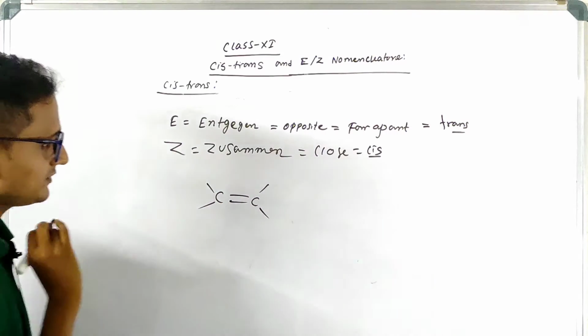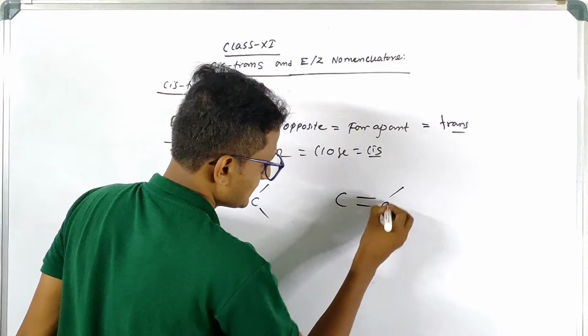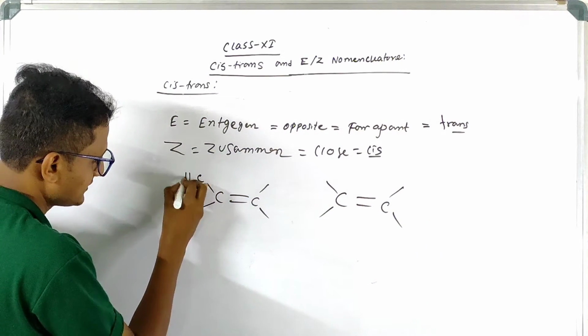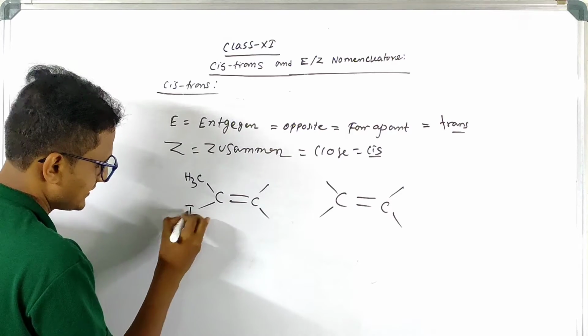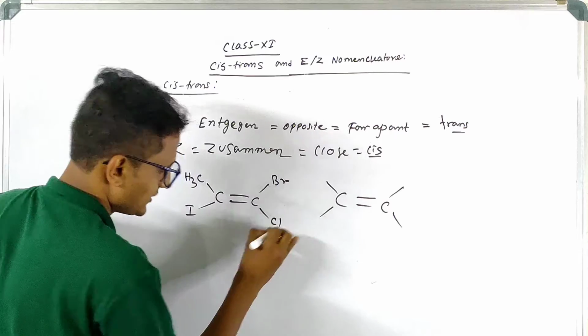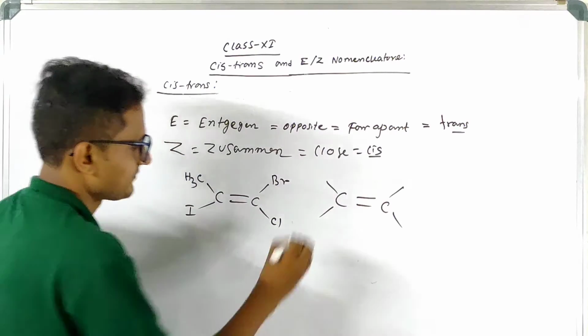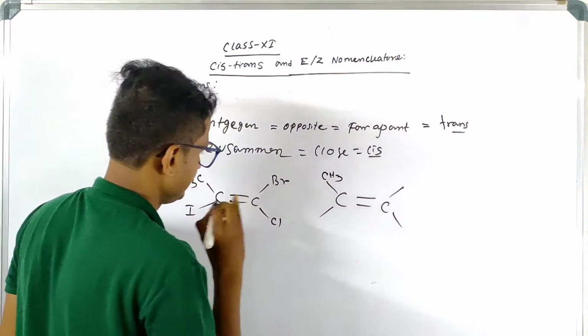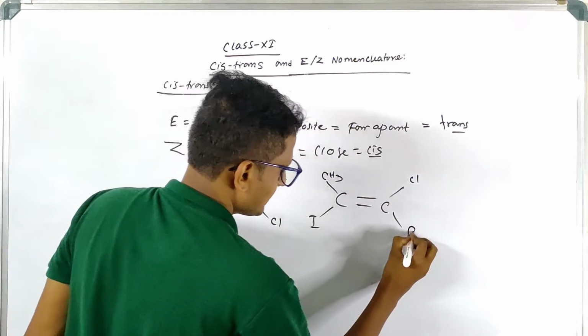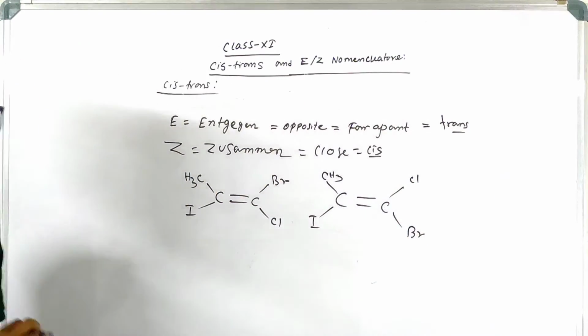Now I have taken this compound, and I put two groups. Here one is CH3, here one is iodine. Here bromine, here chlorine. Now how to do this?